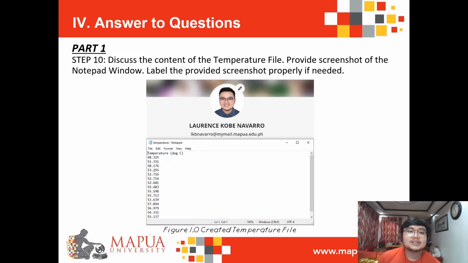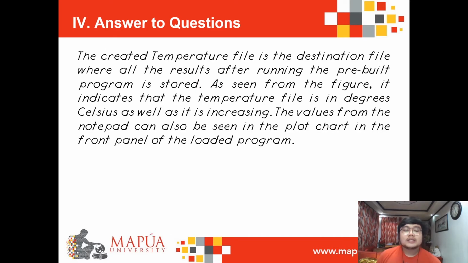So for my answers, for part 1, step 10, this is the temperature file opened in Notepad. As observed, the temperature starts from 48 degrees Celsius and increments until it reaches the highest, which in this case is 57. The explanation is that the created temperature file is the destination file where all the results after running the pre-built program are stored.